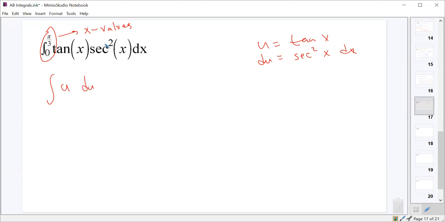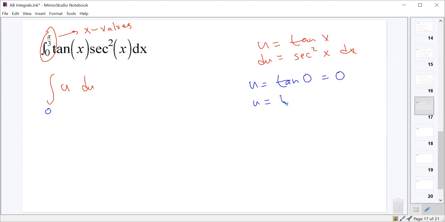I don't want to have x values that I'm evaluating this at. I want to have values of u, right? So I need to figure out what is u equal when x is 0. Well, what's u equal when x is 0? Tangent of 0 is 0. Okay, so that's fine.